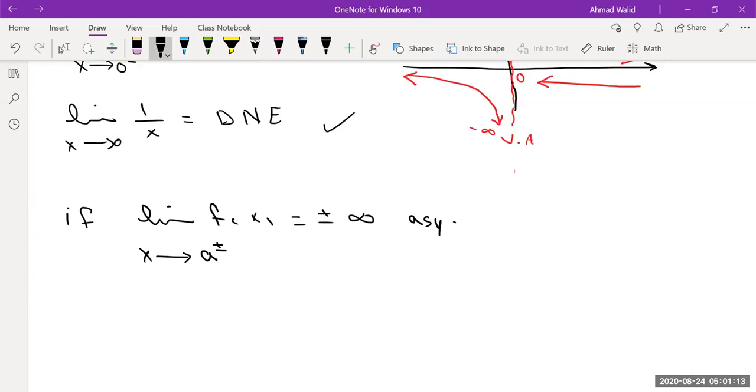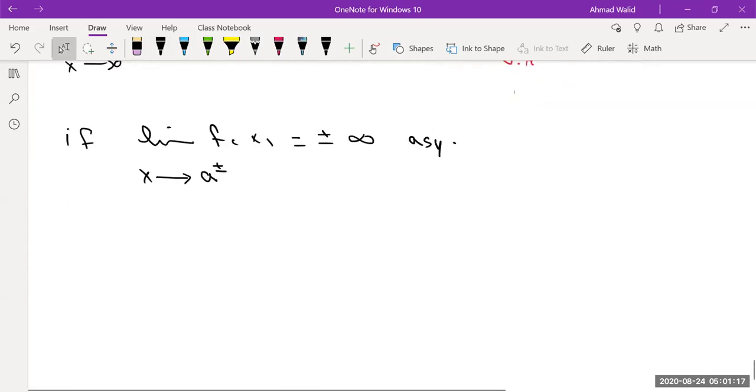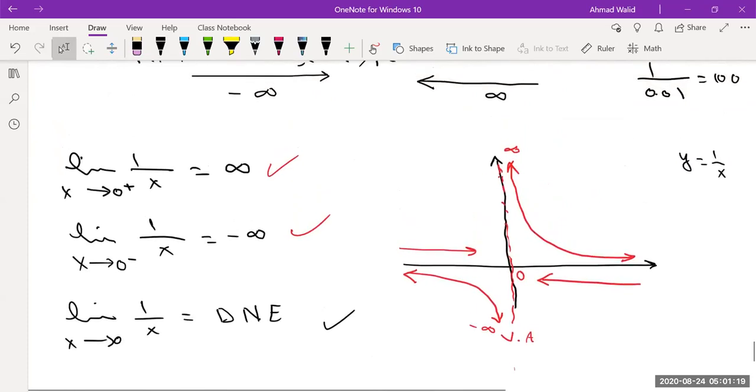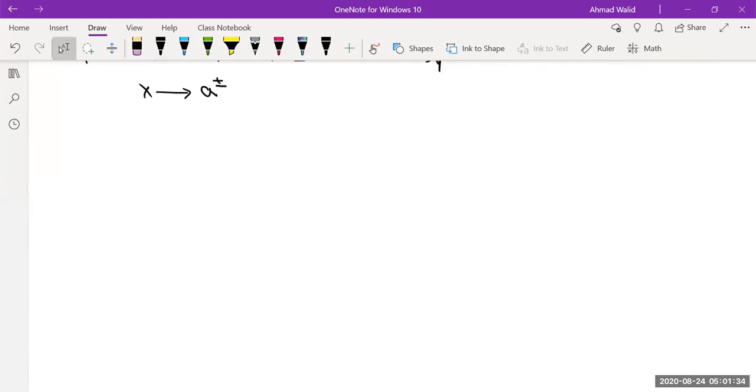Now, you are dealing here with 4 cases, basically. When you approach from the right, the function can go to positive infinity or negative infinity. When you are approaching from the left, the function can go to positive infinity or negative infinity. I'll draw all cases here for you. 4 cases.